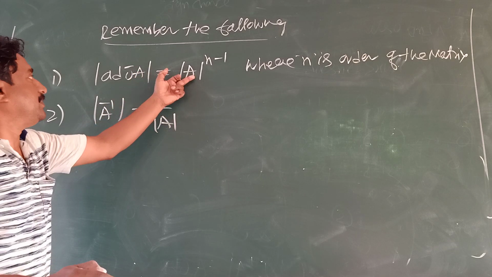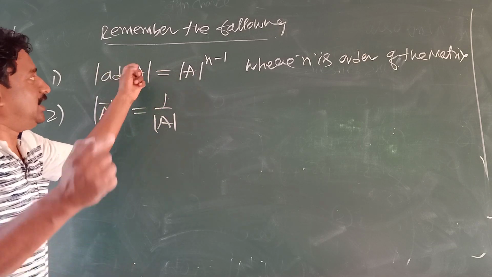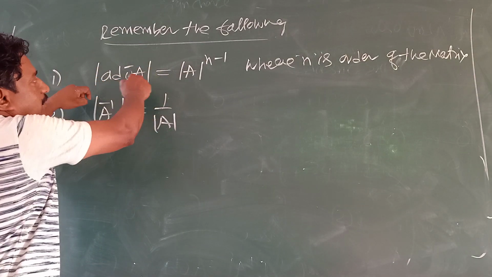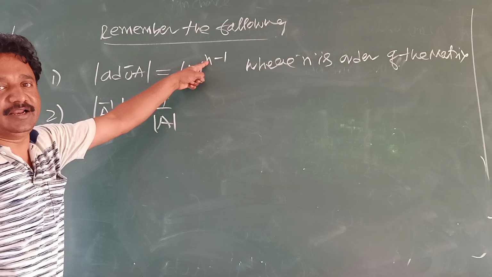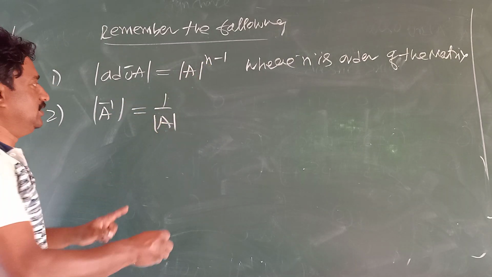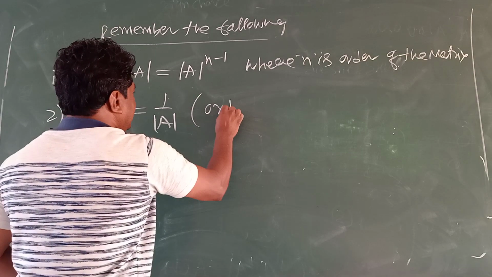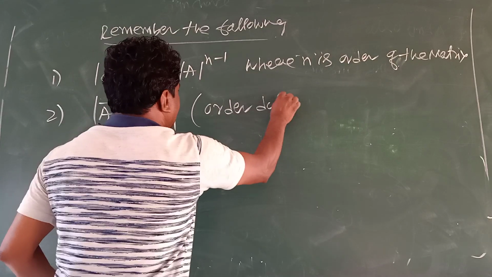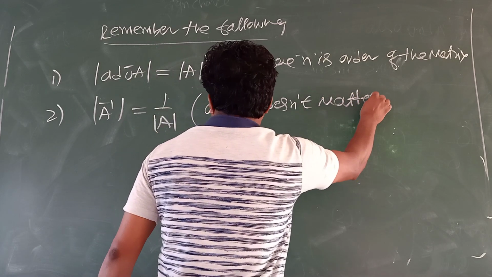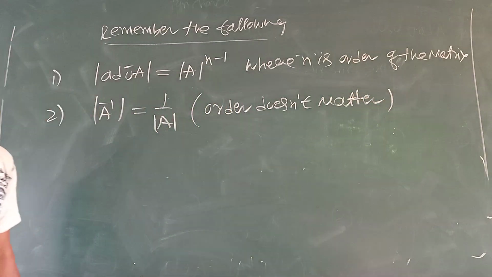But the value of determinant of adjoint A depends on order. Order matters there. For determinant of A inverse, order doesn't matter. I hope you understood, students.